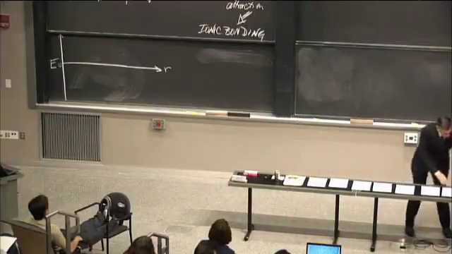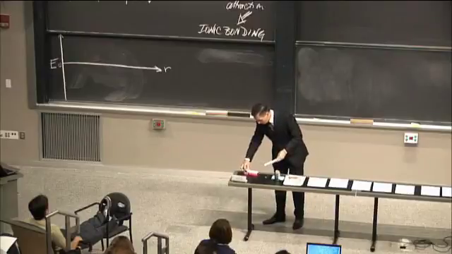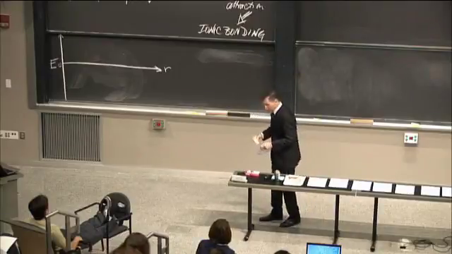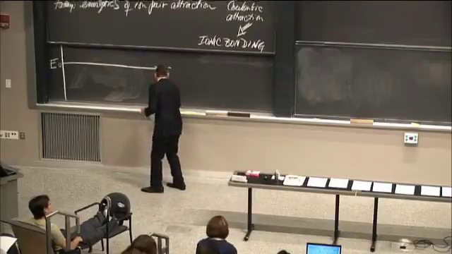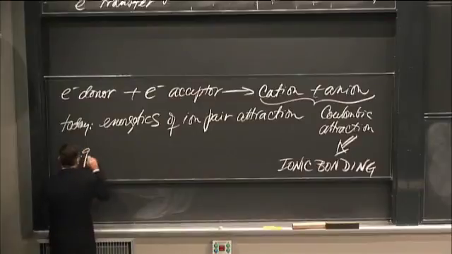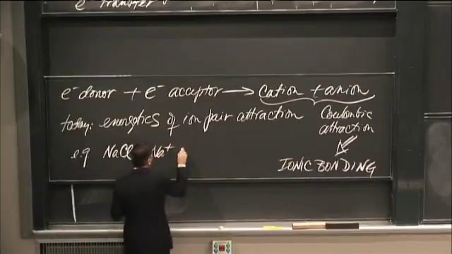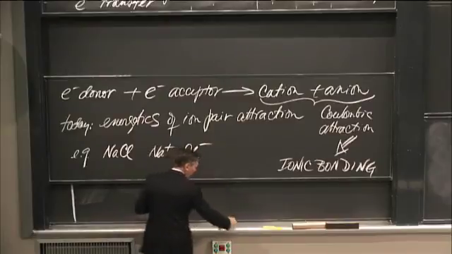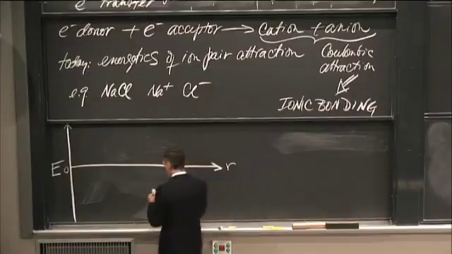So let's do it. And what we're going to do is study this with reference to an example of sodium chloride. So we will go through the energetics of sodium chloride, which we know is going to exist as Na+ and Cl-, sodium being the electron donor and chlorine being the electron acceptor.